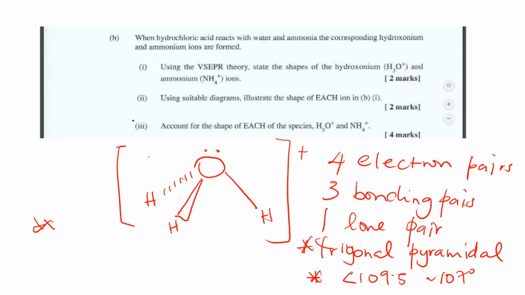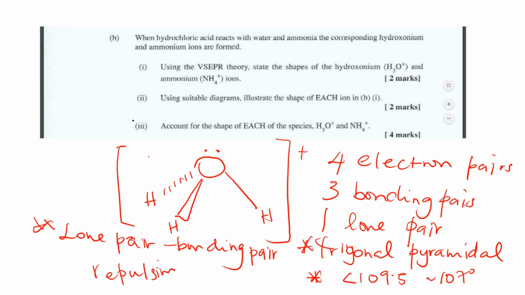Of course, you have to mention lone pair bonding pair repulsion. Because it wants to adapt a tetrahedral shape.